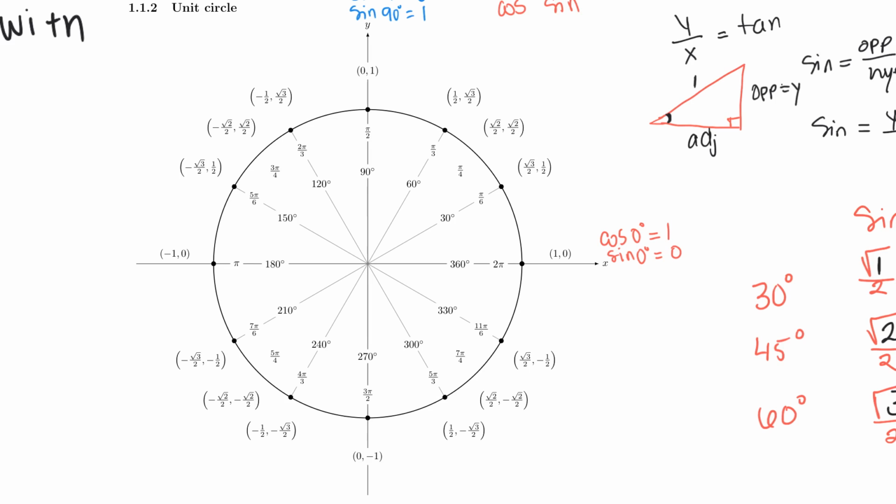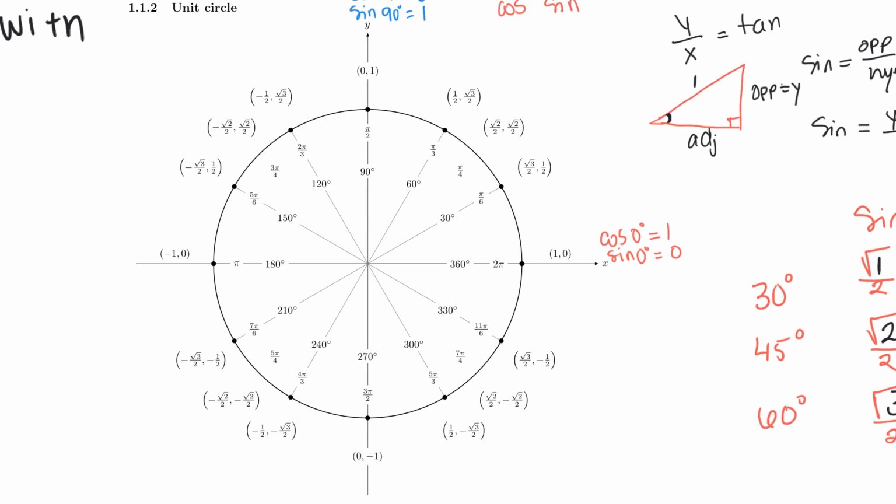For example, when we have 150 degrees, the closest angle that is along the x-axis will be 180, right? Which is this angle right here. You have two angles that are made with respect to the x-axis.